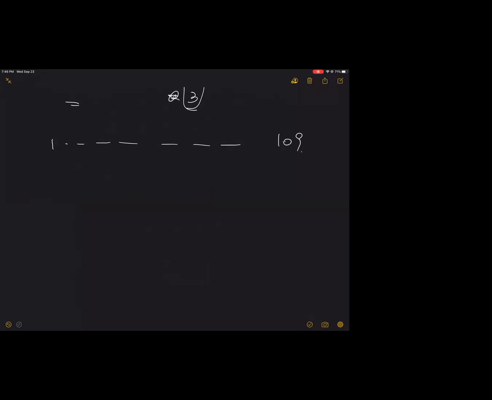So you can just put 10, then 20, and then 30, and then 40, all the way up to 90, 100.